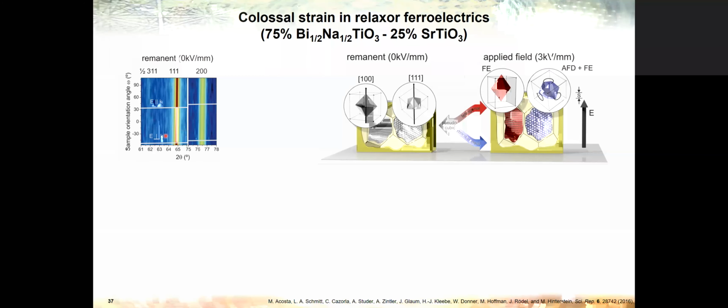So this means in the remnant state, it looks pseudocubic, and when you apply the electric field, you get rhombohedral splitting, tetragonal splitting, and even superlattice reflections. So our idea is that depending on how the grains are oriented, you get either a ferroelectric tetragonal material or an antiferrodistortive rhombohedral structure.